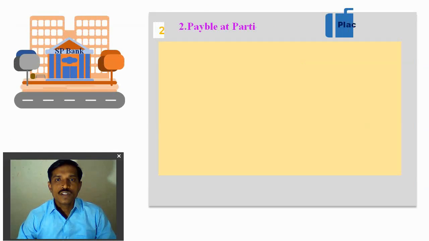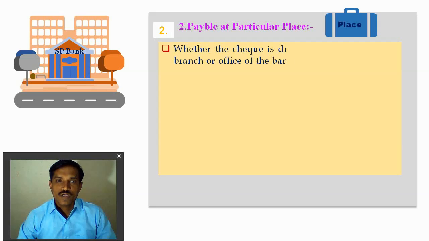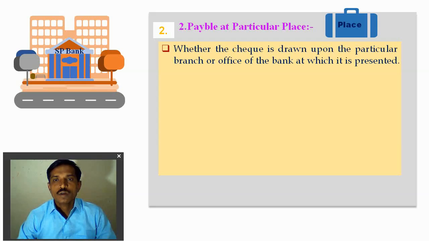The next precaution taken by the bank is that the check is payable at a particular place. Whether the check is drawn upon the particular branch or office at which it is presented, meaning payable at Nasik only, payable at Pune only, or a particular branch only, the paying bank should take this precaution.